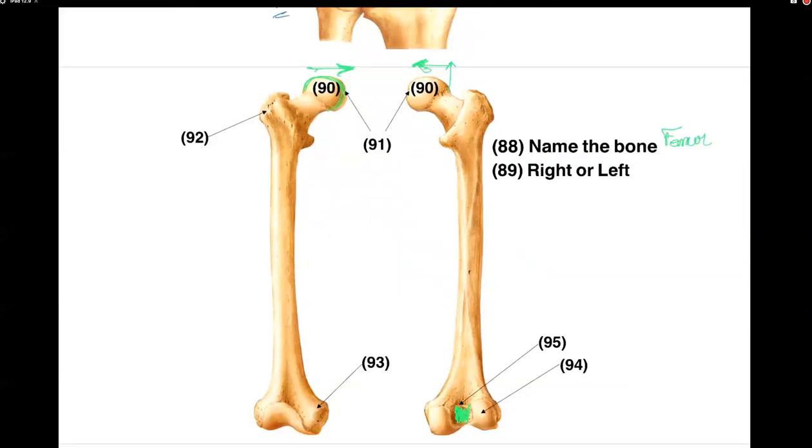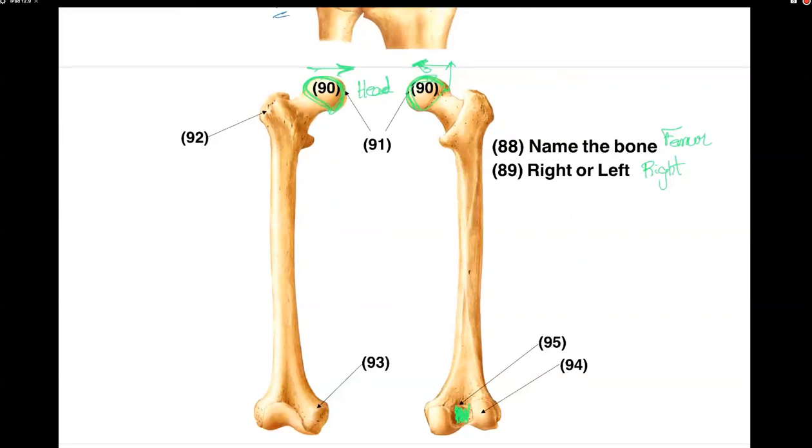So what is the side of this bone? Is this right or left? What do you think? It's right. It's a right femur. What do you think about number 90? The head of the femur.